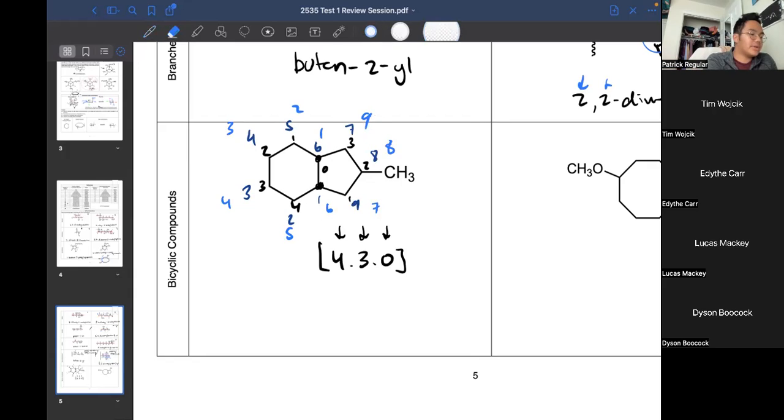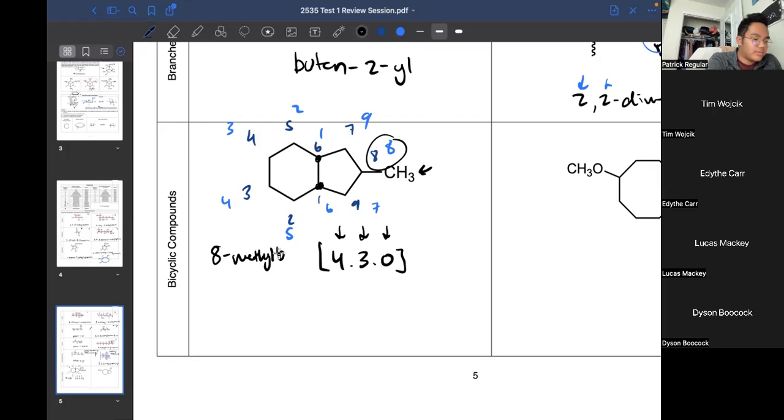I'm going to erase these real quick. There we go. So thankfully, we have a methyl group that's always on 8 both times around. So neither direction really matters. It's going to be an 8-methylbicyclo[4.3.0]nonane.